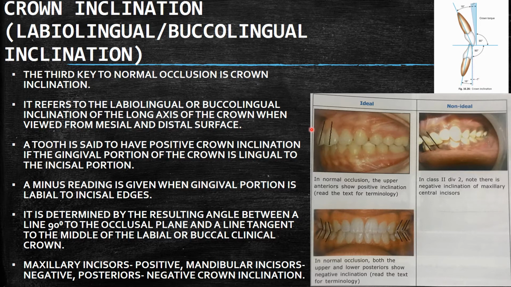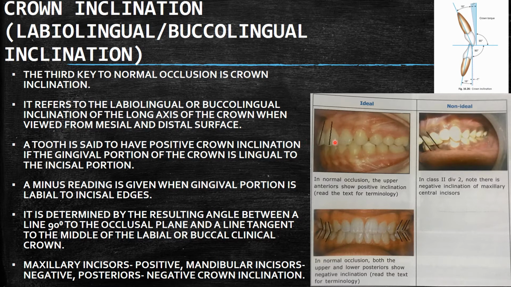Again, it has this minus and plus, positive and negative. A tooth is said to have a positive crown inclination if the gingival portion of the crown is lingual to the incisal portion. And minus is given when the gingival portion is labial to the incisal. So over here, as you can see, it is more towards inside.